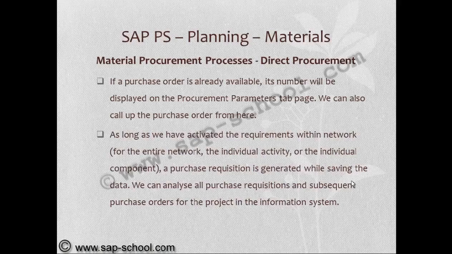As long as we have activated the requirements within the network, that is for the entire network, the individual activity or the individual component, a purchase requisition is generated while saving the data. We can always analyze all purchase requisitions and subsequent purchase orders for a project in the information system.